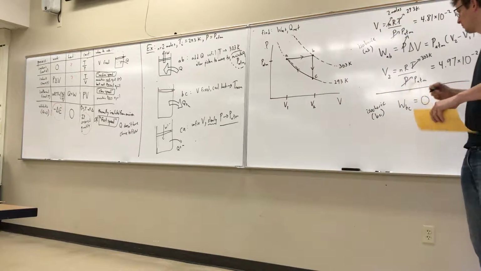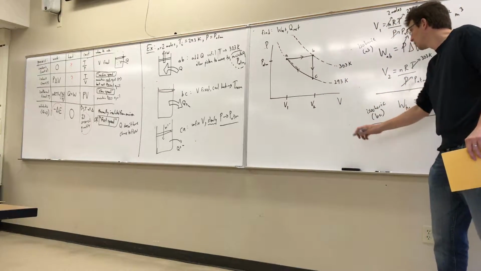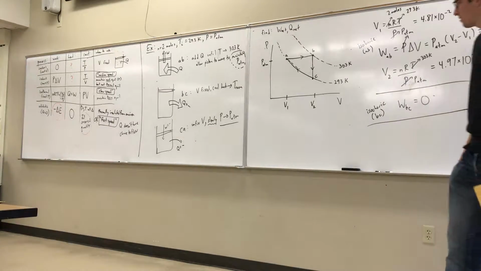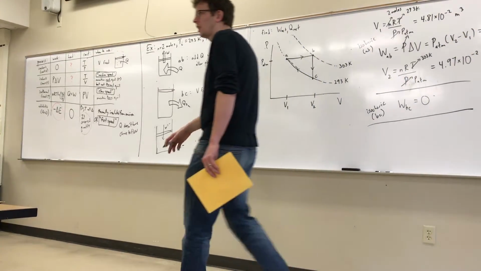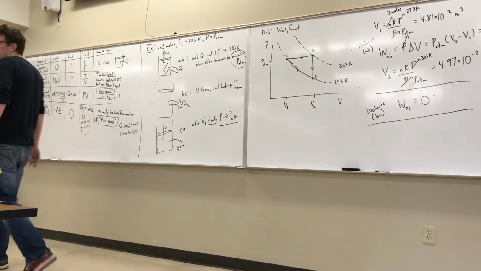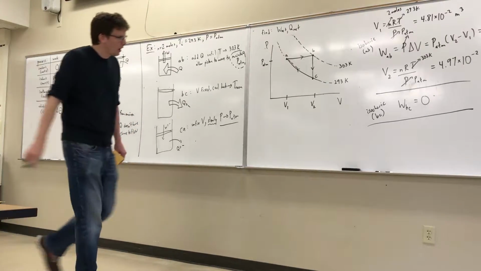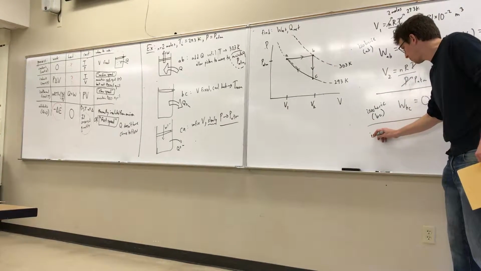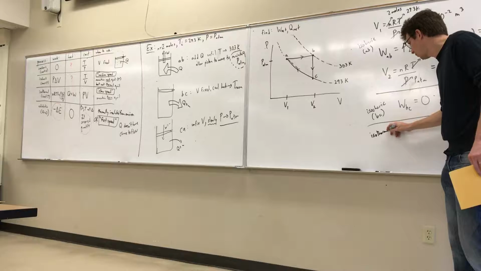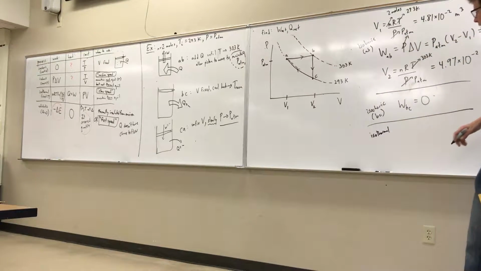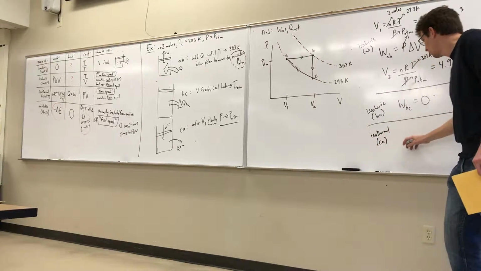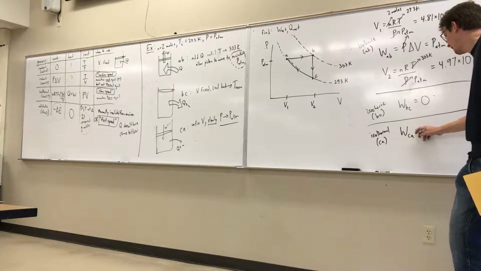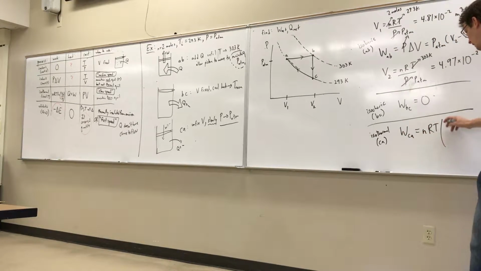So let's calculate for the last step. Well, in this case, even though there was no work done in the previous process, it would still be helpful to find out something about it. The reason why is in this last process, isothermal, actually, what do we know? Well, let's see. So the work done from C back to A is nRT natural log of the final over initial.